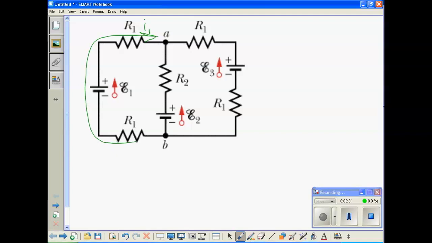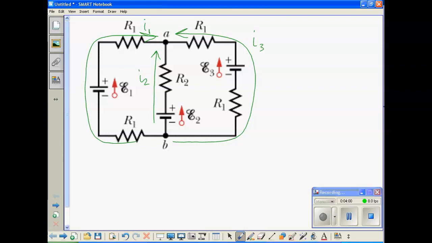I'm going to call that I3, and I'll just again randomly choose to have it going towards that junction called A. And then we're going to have current in the center branch. I'm going to draw that upward on this figure, and I'll call that I2. I'm just labeling 1, 2, and 3 sort of geographically from left to right. So all of the current going in and out of those junctions has to be the same.